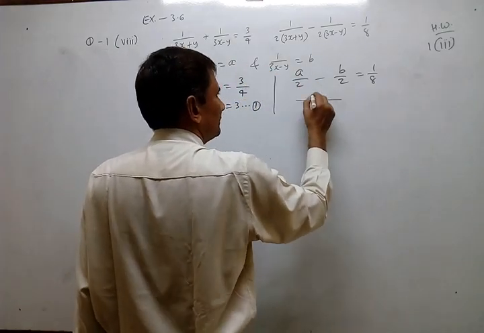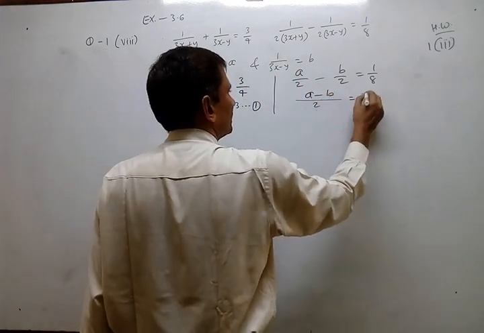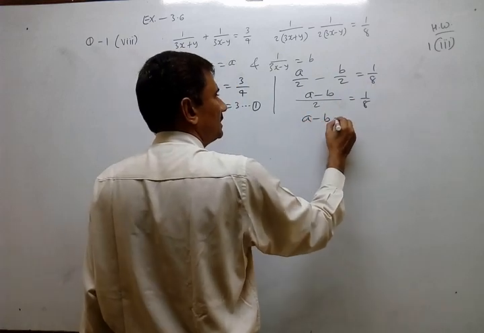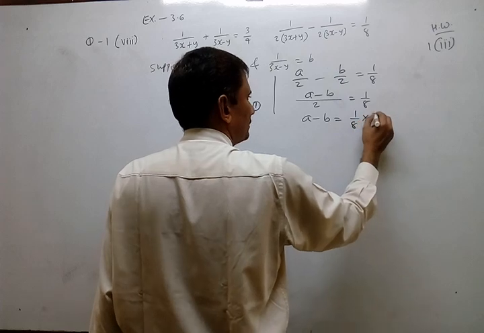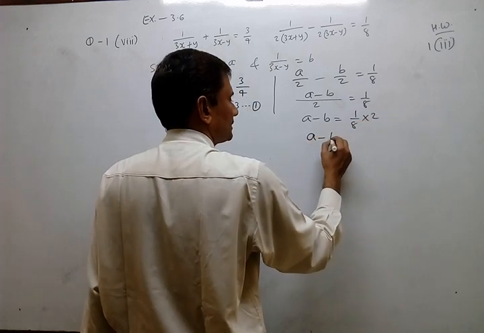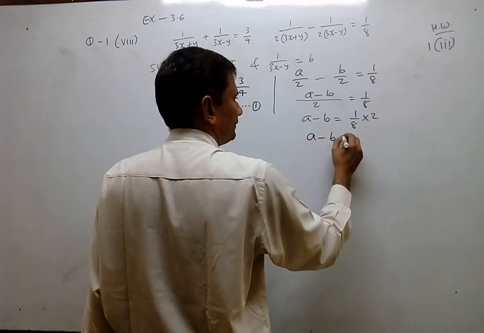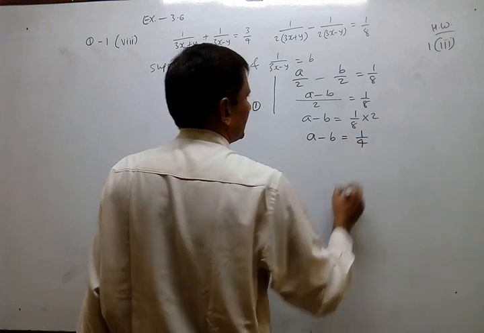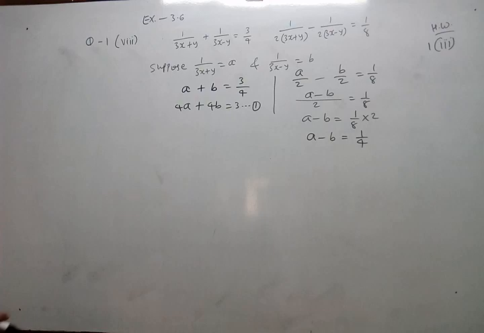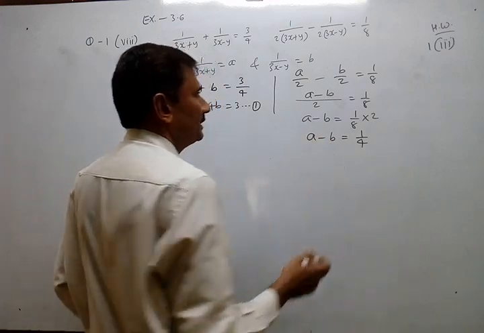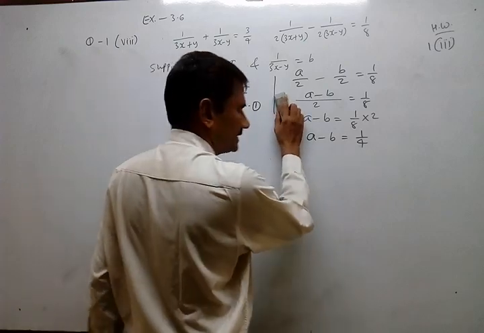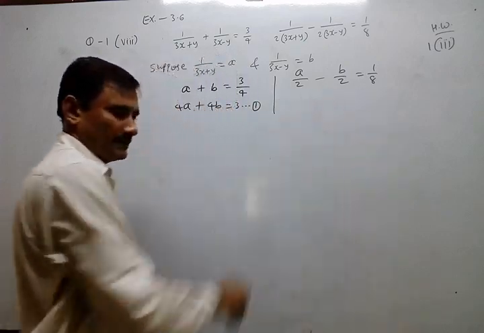Now, taking the LCM, a minus b equal to 1 by 8 into 2. So a minus b equal to 1 by 4. Otherwise you can also cross multiply. Otherwise I just make it simple. That is right, but I just want to make it simple.